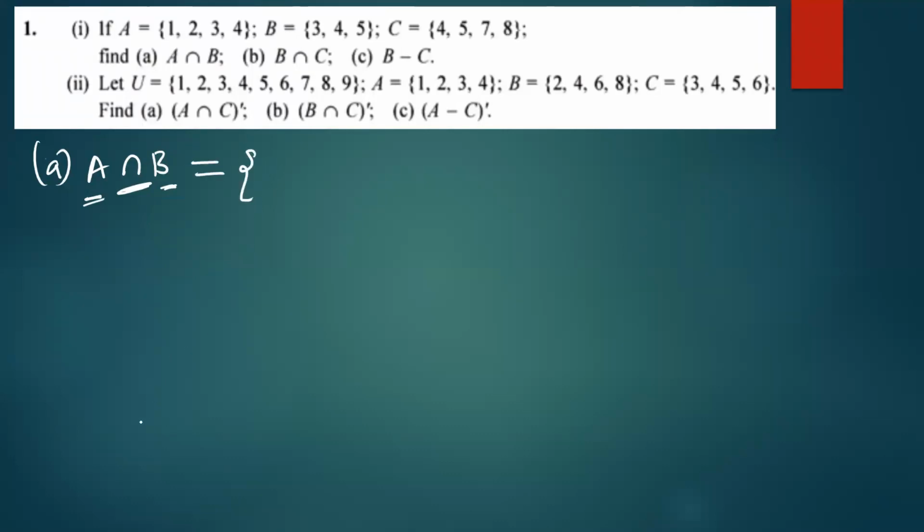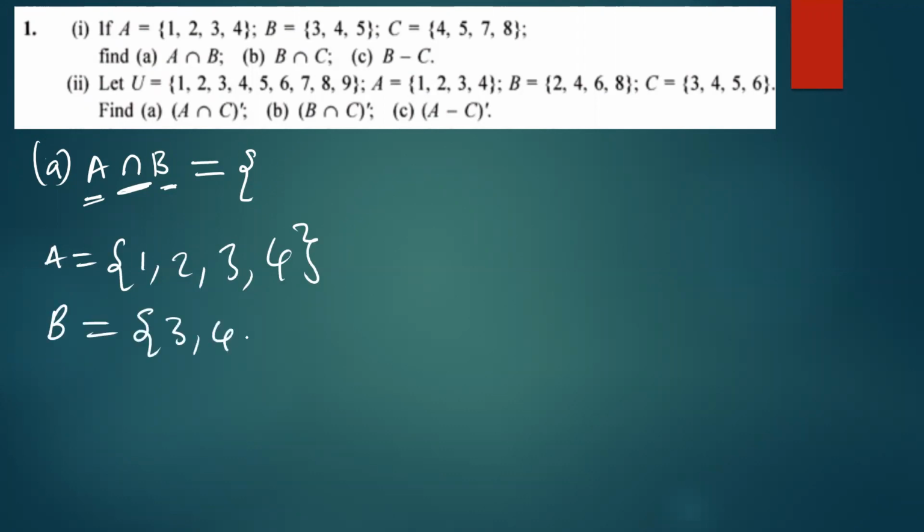So let's look at the elements that are common. In set A, we have elements 1, 2, 3, and 4. In set B, we have elements 3, 4, and 5. Now we have to look at the common elements, because those are the ones we're going to put in A intersection B. So let's check the sets.